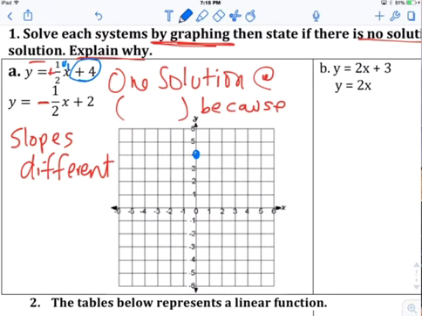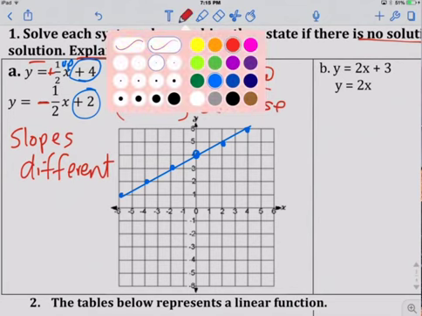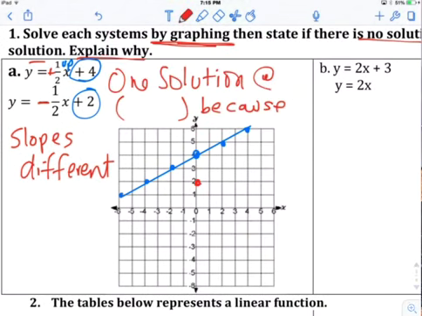Go up 1, right 2. Up 1, right 2. Then go the other way to keep the lines nice and straight. Okay? There we go. This one, the y-intercept is at 2. You go down 1, right 2.